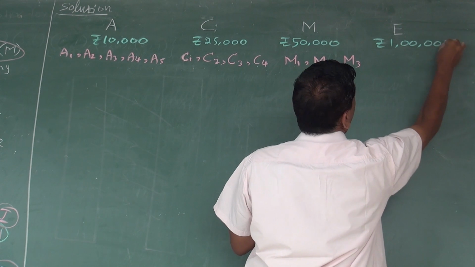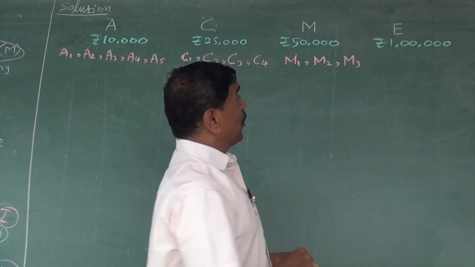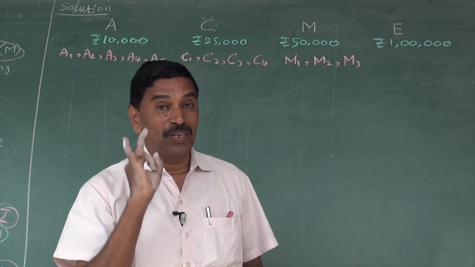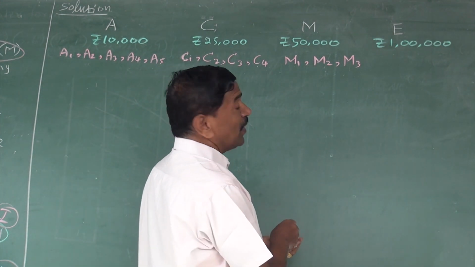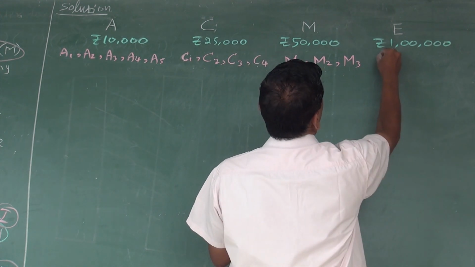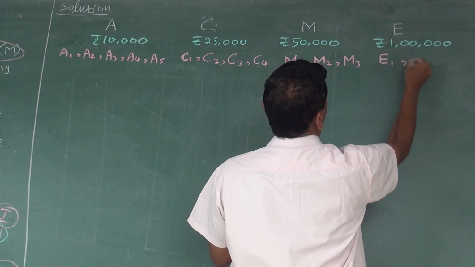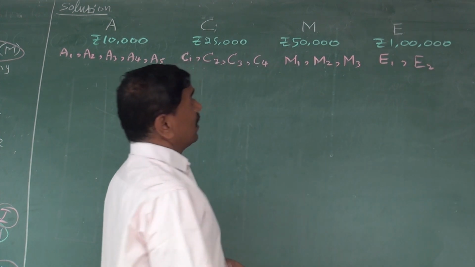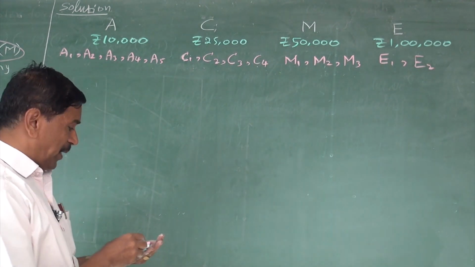How many executive officers are there? Yes, there are 2 executive officers, E1 and E2. This information, let us frame in a table.